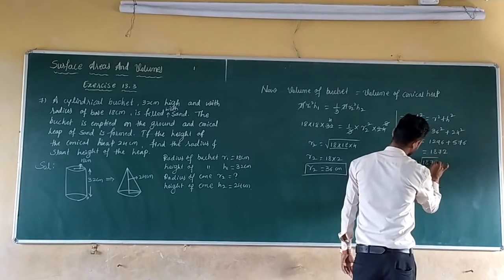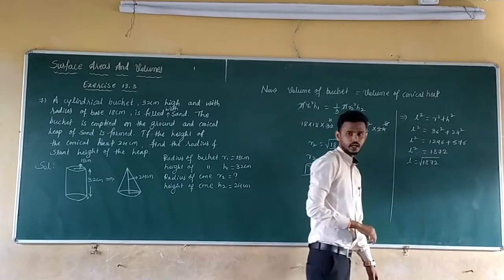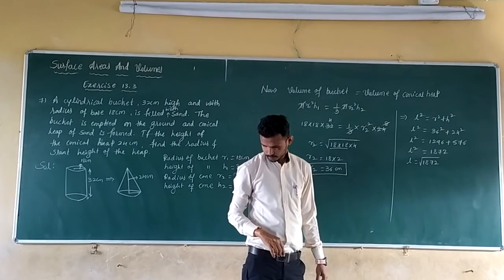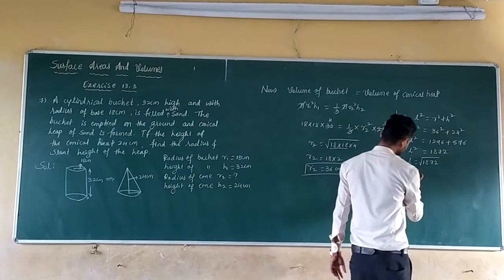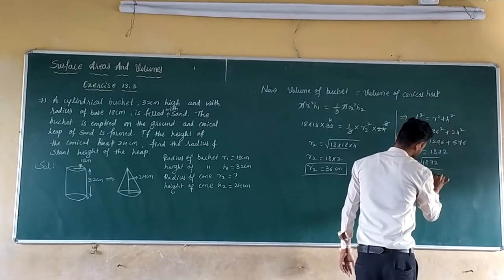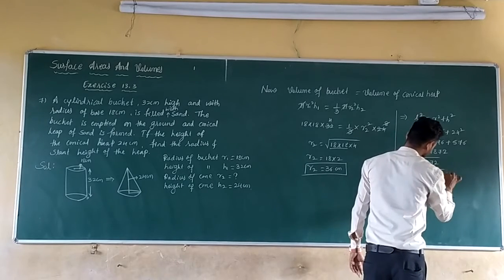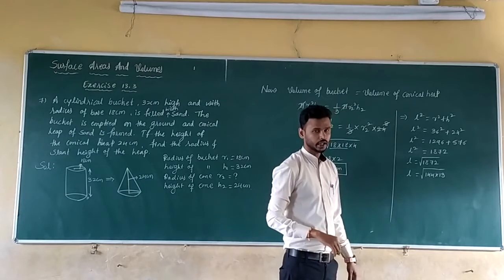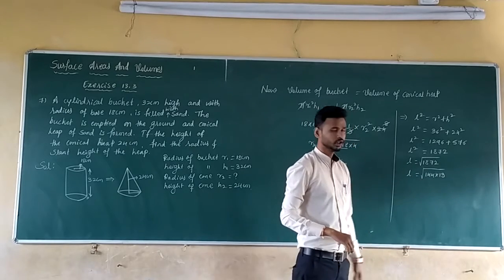Square root of 1872. So we can write L equals square root of 144 into 13. So 1872 we can write as 144 into 13.